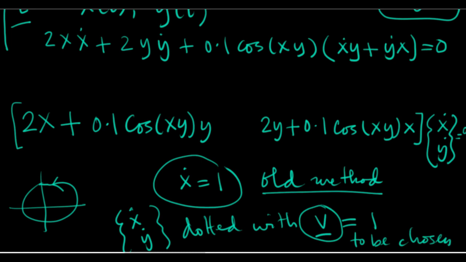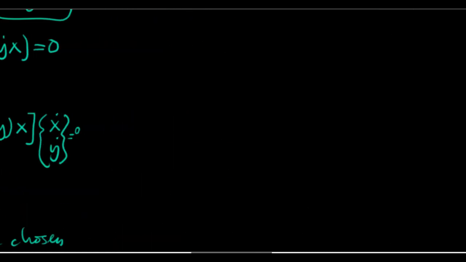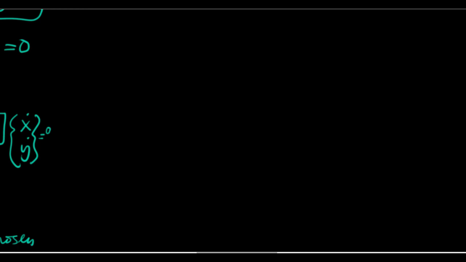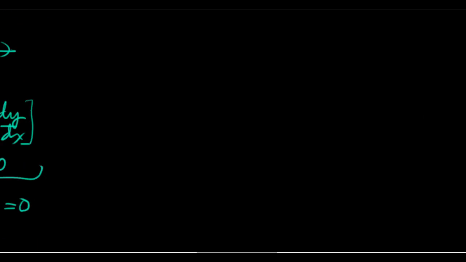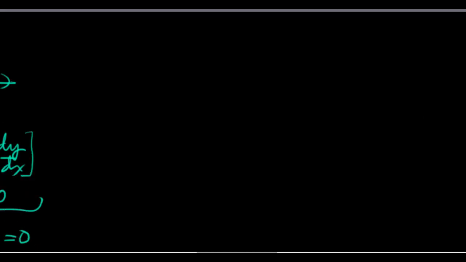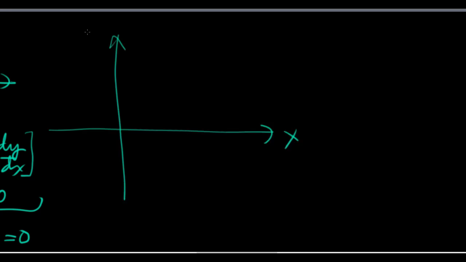How do I do that? It's a little trick I'm playing, and here is how it works. Let's say this is x, this is y, and my curve is going in some way like this.